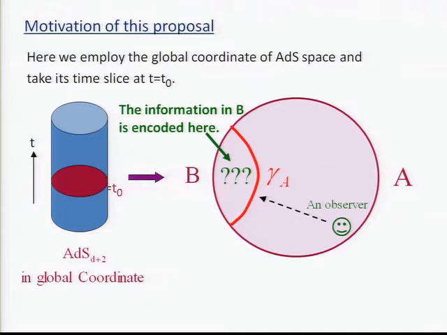But in the bulk gravity case, it is natural to expect the observer to see some horizon, like black holes. And the information of B is somehow encoded here. This is related to the previous issue of this information region. So this is a sort of horizon. And then the entropy is estimated by this Bekenstein-Hawking formula. That is a very intuitive understanding.